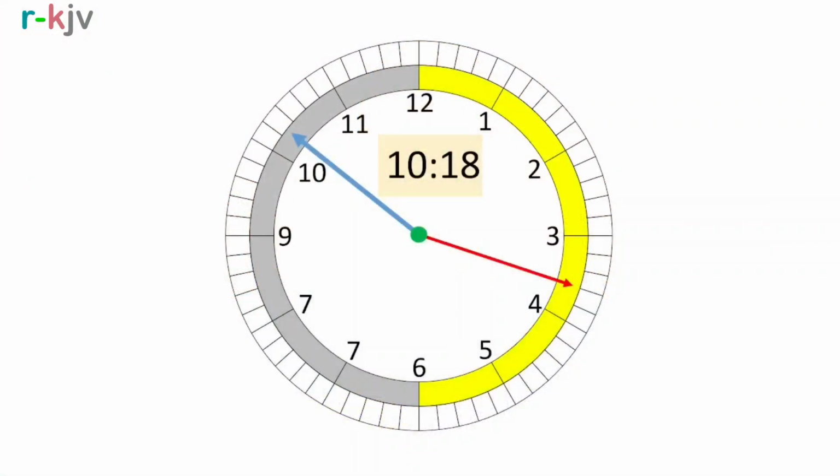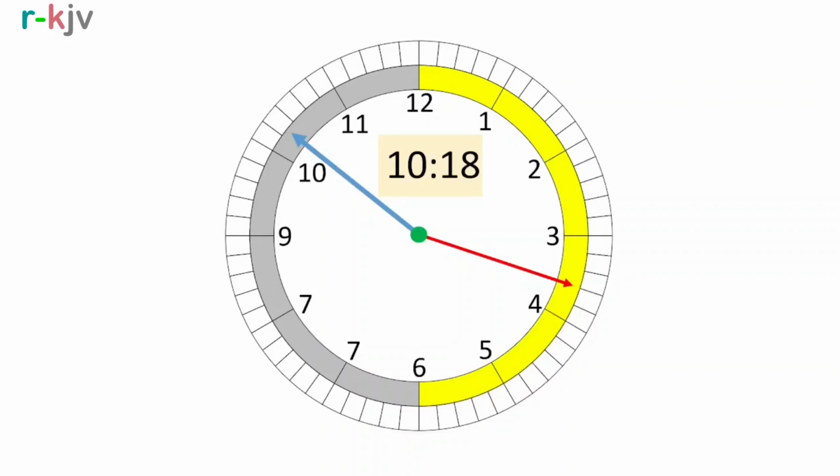Another yet to be questioned truth about subtractive notation is in time telling. Let us take a look at this diagram showing a clock. Let the red arm represent the minute hand and the blue arm represent the hour hand. When the minute hand is on the yellow side, the word past is ahead in time telling.